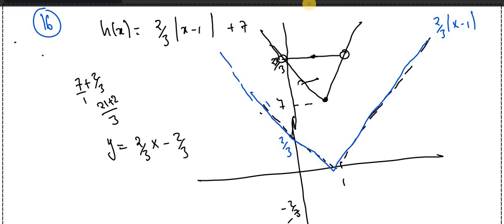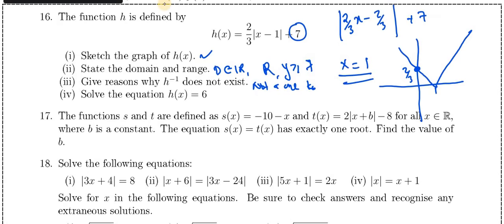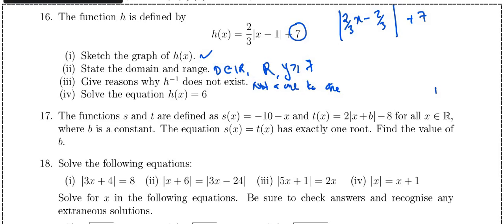That's the only logical reason why it does not have an inverse. Anything that is not 1-to-1 cannot have an inverse. That's the same reason why quadratics also don't have an inverse unless they are restricted. So the answer is that it's not 1-to-1. That's the reason why there's no inverse.